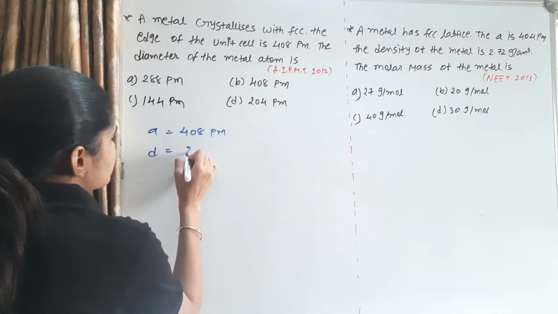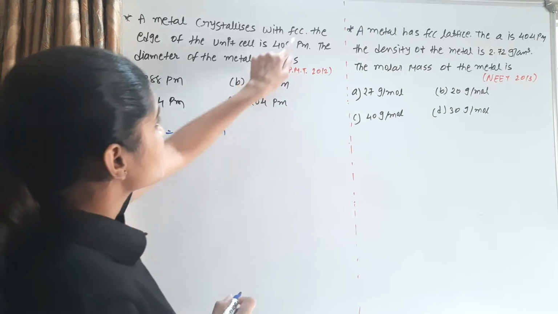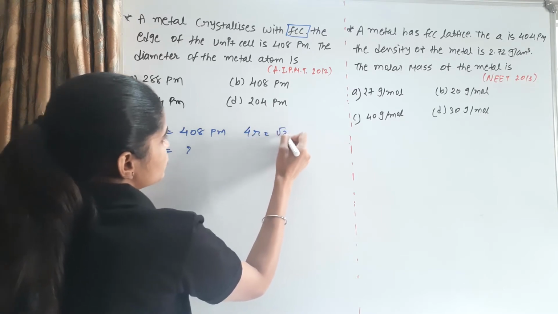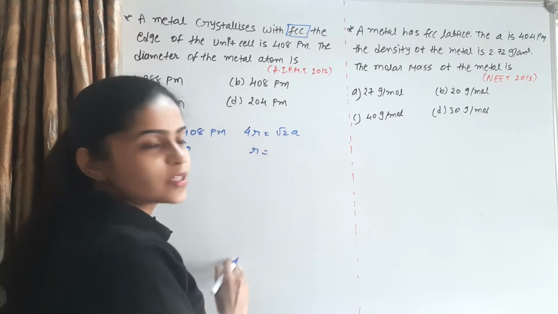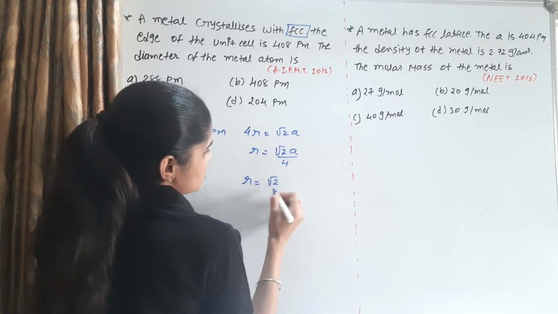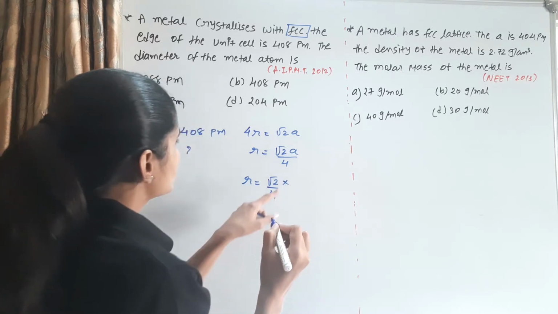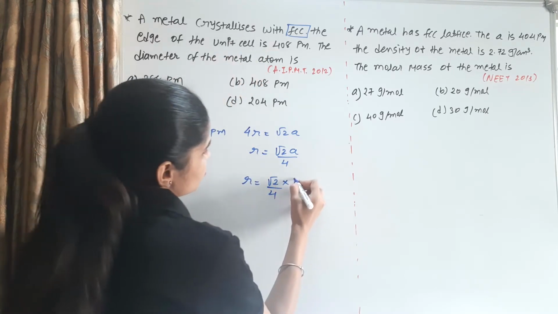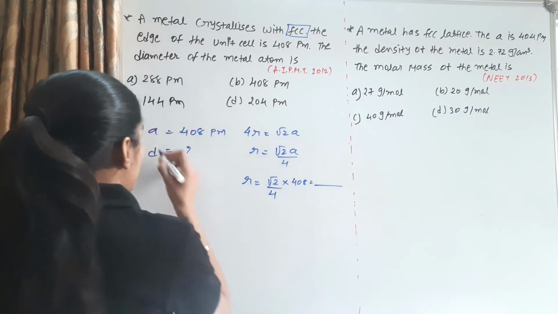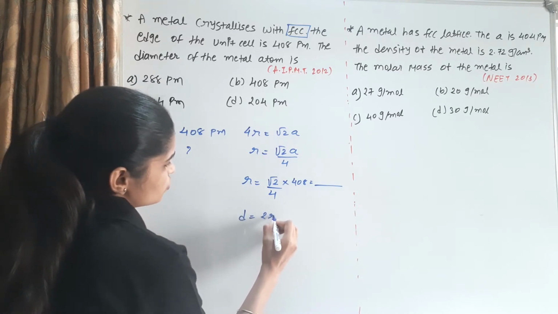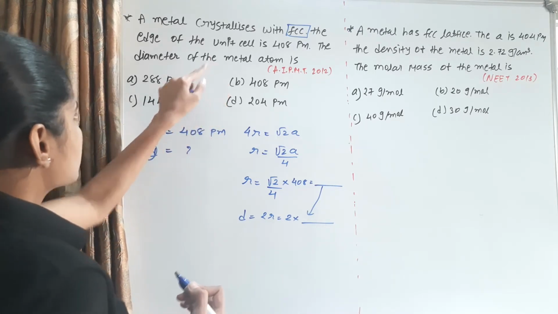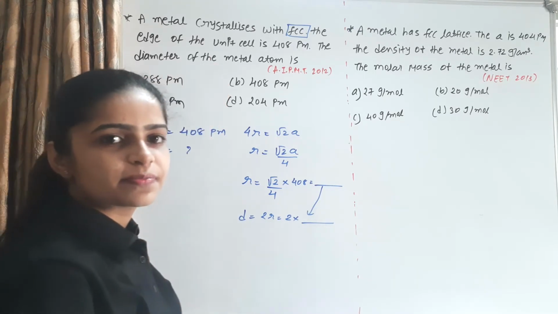For FCC, 4r = √2 a, so r = (√2/4) × a, where a is 408 picometer. Diameter is 2r, so multiplying by 2 gives the answer of 288 picometer.